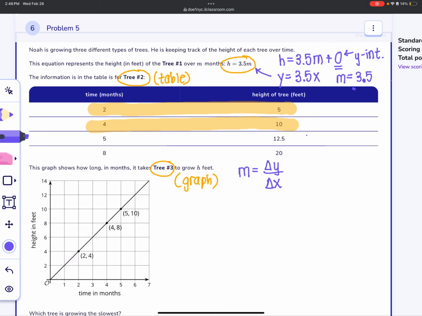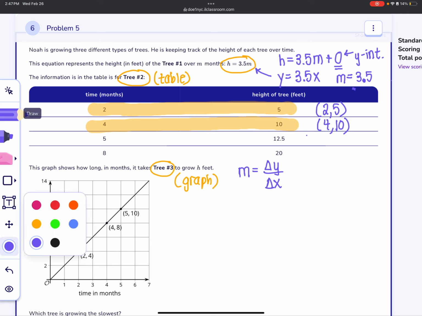And so I'm going to label these as coordinate points of 2, 5 and 4, 10. And actually what I'm going to do is label these values with either x1, y1 or x2, y2.